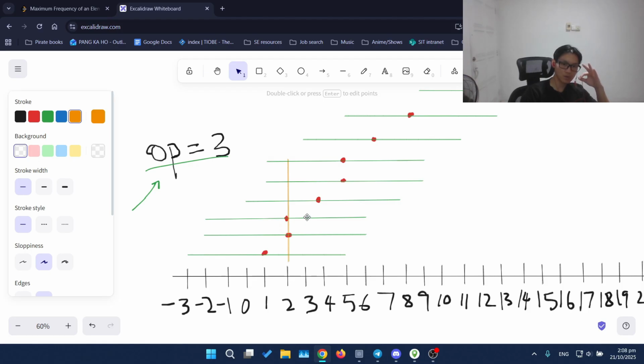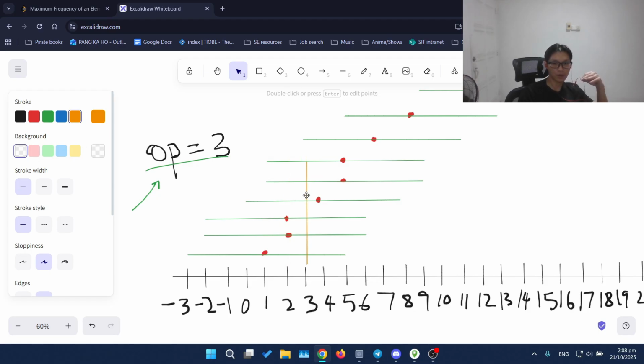We have 1, 2, 3, 4, 5, 6. We have 6 numbers that can reach this number minus whatever number is already here, that's 4. So we do the min of operations and whatever number is left. So min of 3 and 4. So we get 3, 3 plus whatever number is here, that's 5.